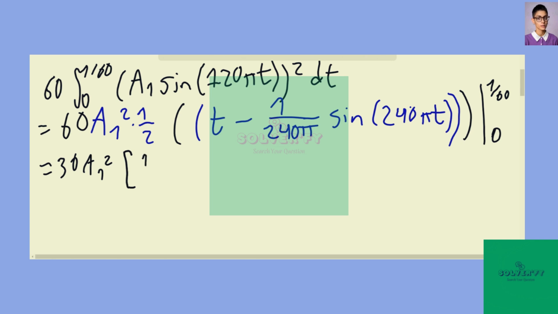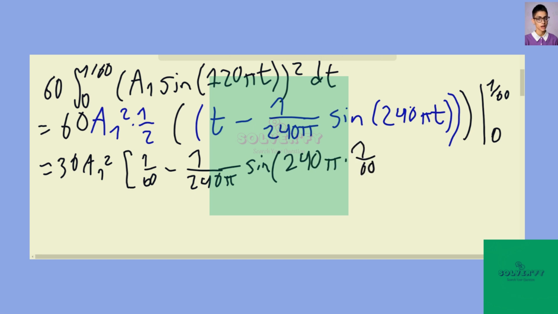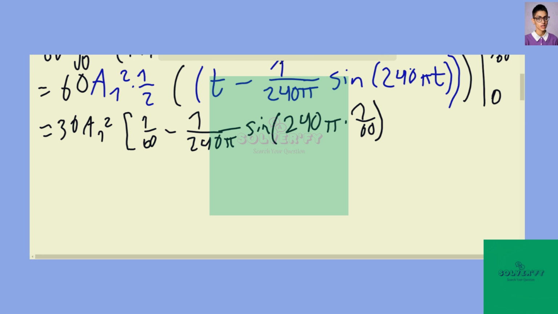So we have 1 over 60 minus 1 over 240 pi times the sine of 240 pi times 1 over 60. So we have that, and I'm just going to move to the next line so we have space.